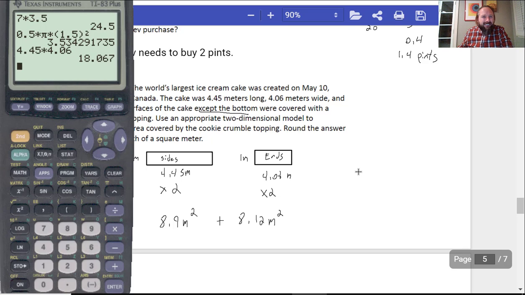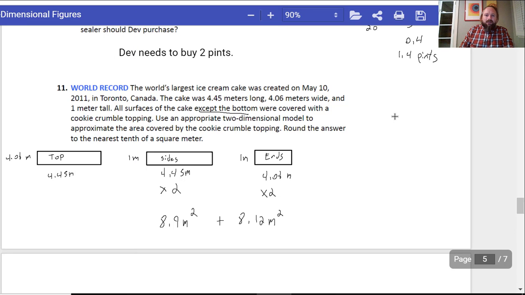And we get 18.1. And so we get 18.1 square meters. And if we add each one of those, we get 9 plus 8, 17.02.